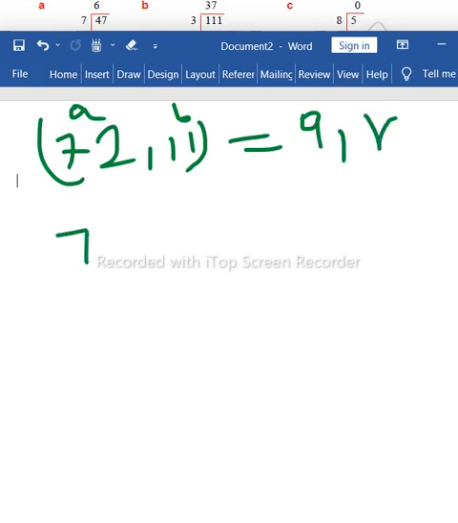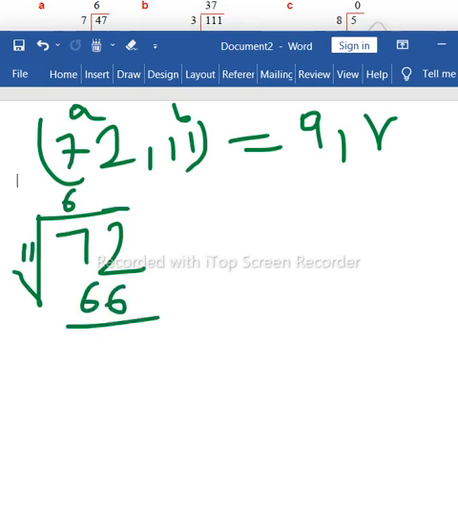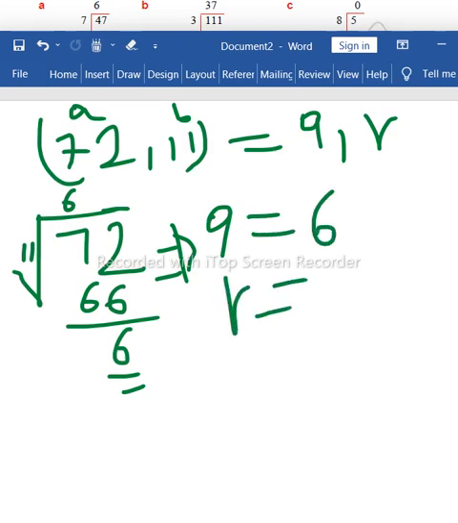When we divide 72 by 11, we get 6, and 6 times 11 is 66. When we subtract 66 from 72, we get 6, and 6 is less than 11. So we stop here. Here we get Q is equal to 6 and R is equal to 6.